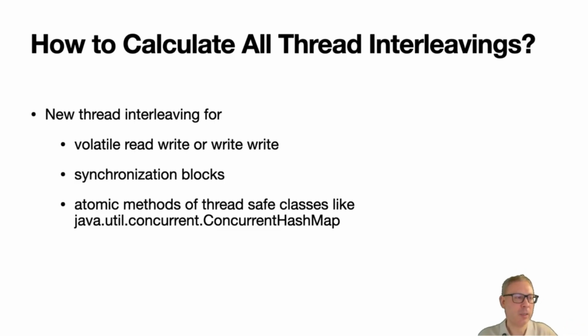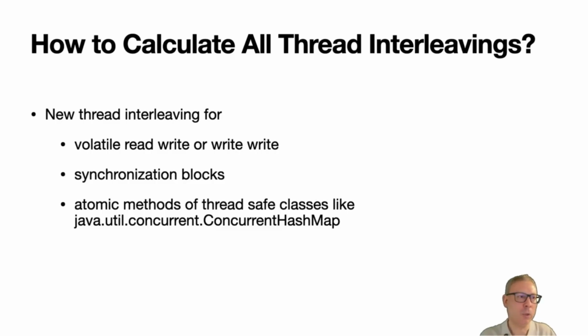We will see later, actually, this is one of the reasons why we can write performant or at least useful unit tests, since we can treat atomic methods like methods of ConcurrentHashMap as one block. So we don't have to look inside the method. For example, if we have a get and a put of a ConcurrentHashMap, we can simply execute one where we have first get and then put, and a second one where we have first put and then get.